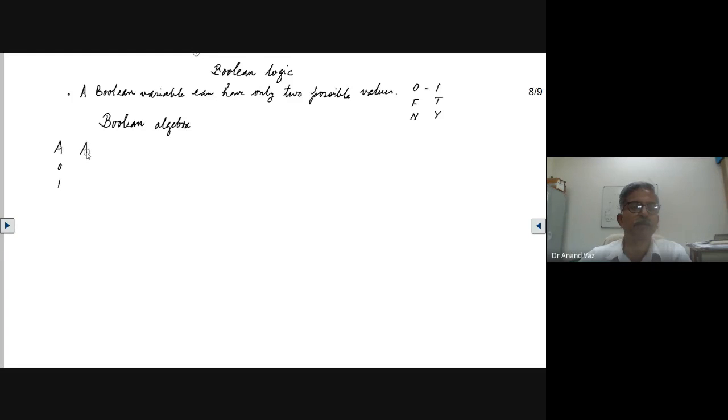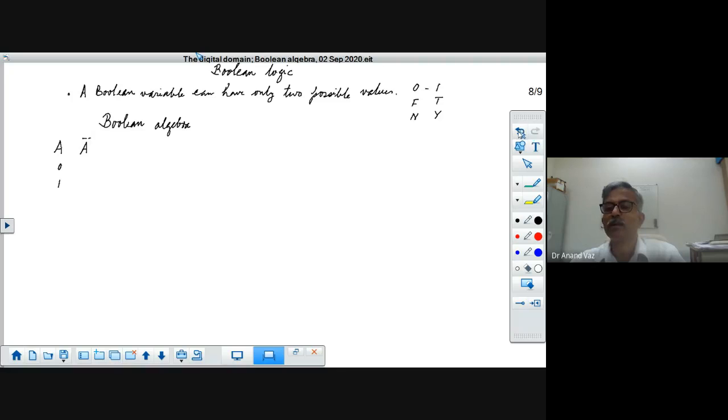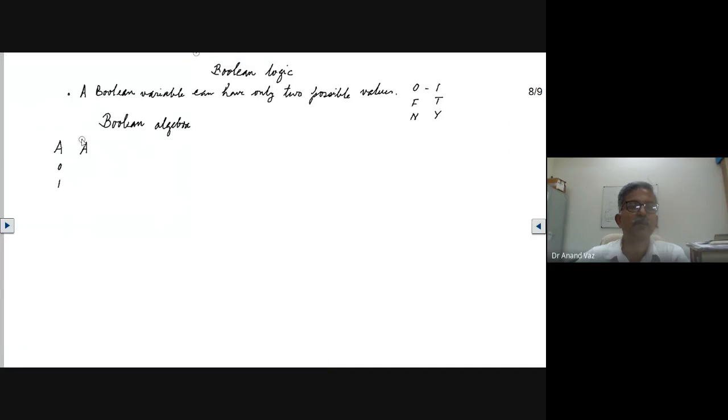If you take the complement of A, we also call it NOT of A. So this is not A. And it's denoted like this, A complement, so A with a bar on it. So if the input is 0, your output will be 1. If the input is 1, the output will be 0. It is just going to complement A.